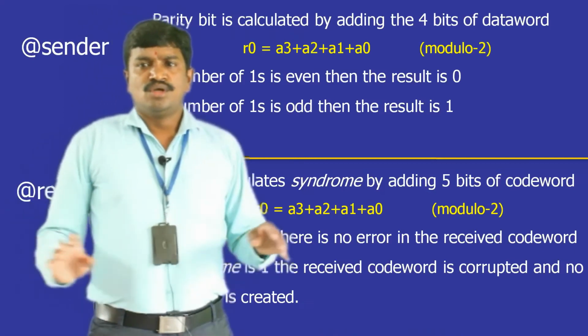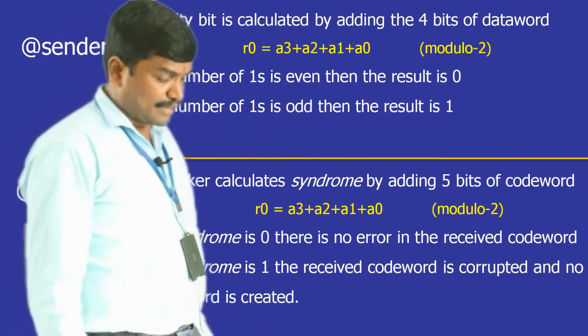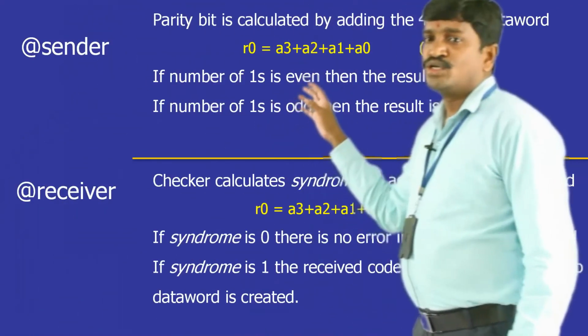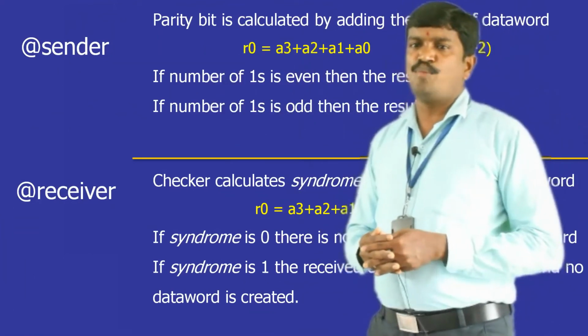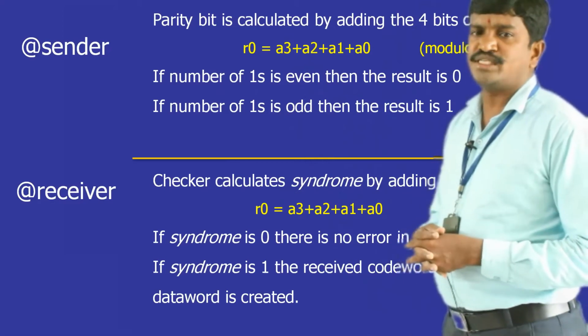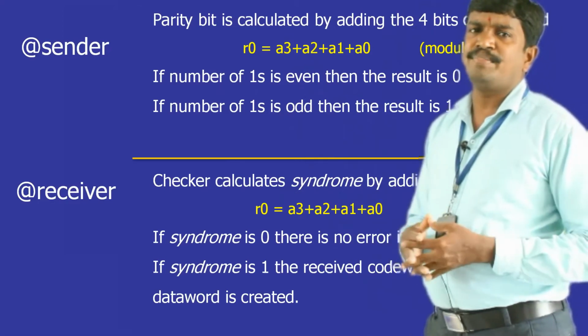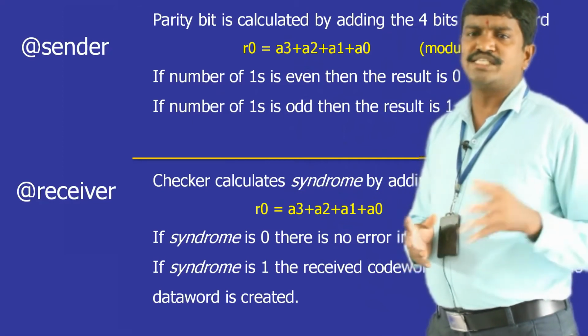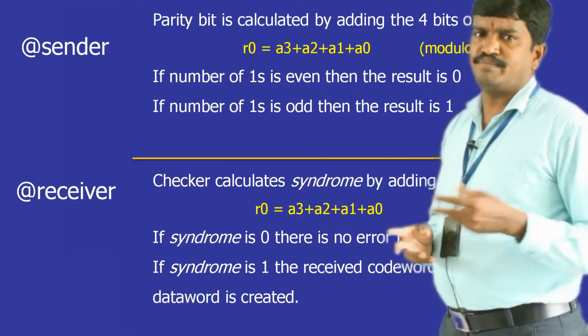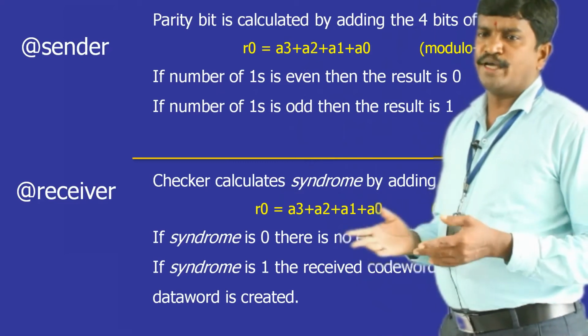So these are the activities which take place at the sender and receiver. At the sender side, the parity is calculated. How is parity calculated from the equation? Parity is calculated by adding the data bits, very simple. What is our data? A0 to A3 is our data. In order to calculate the parity bit, add all of them using modulo 2.